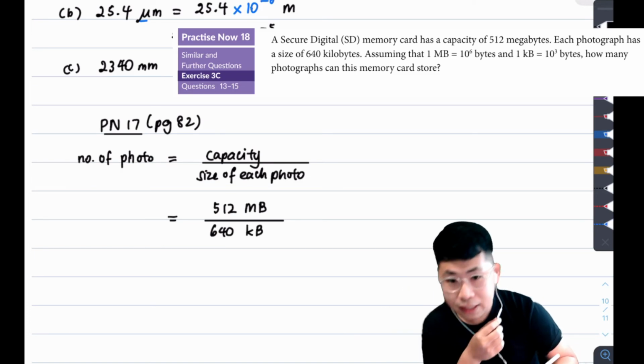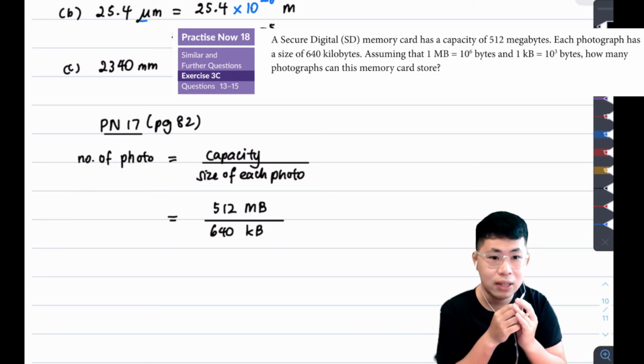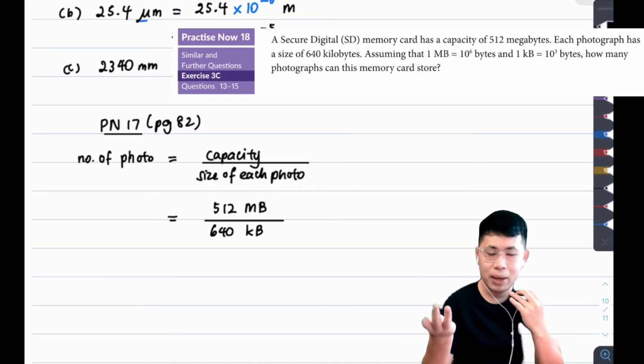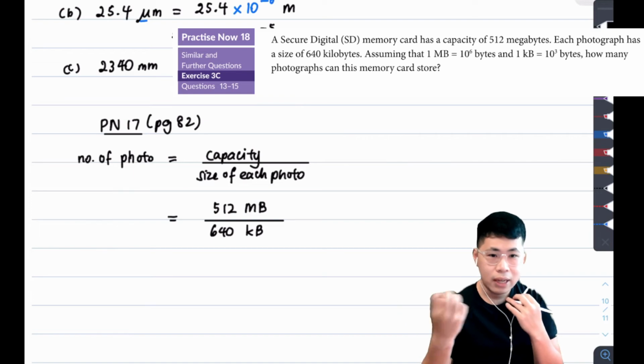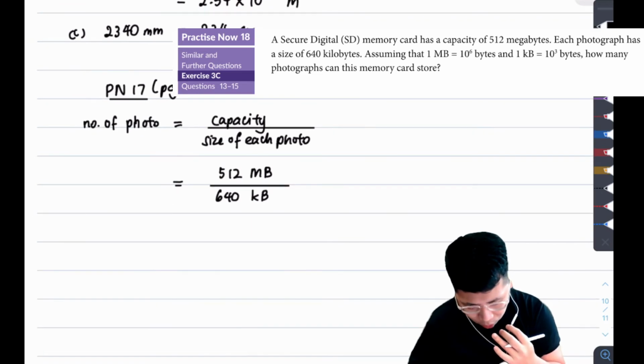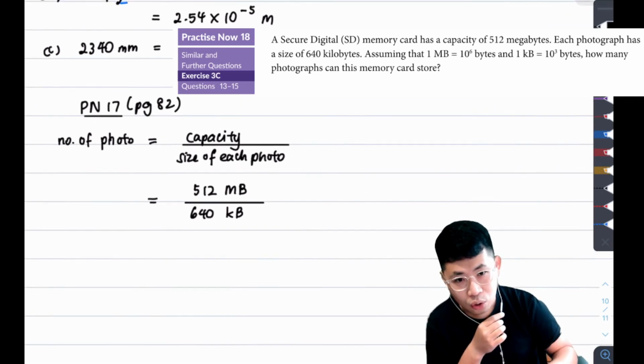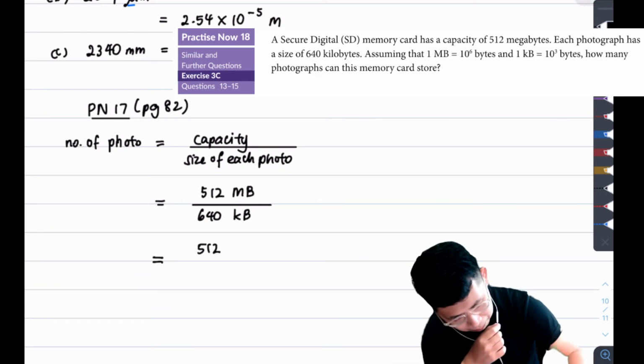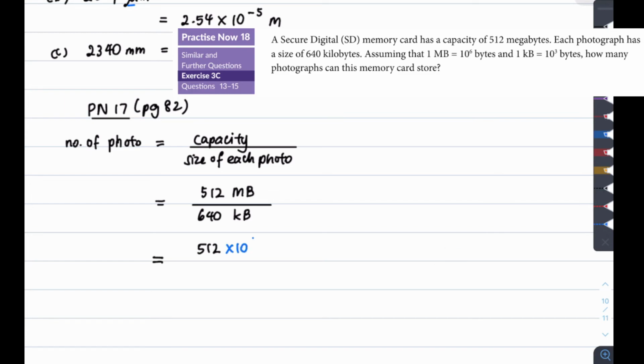Now can we divide this straight away first? No, we have to convert everything to a common unit. Either we convert everything to mega, convert everything to kilo, or we can just convert everything back to the ordinary notation. So over here we have 512. Mega is 10 to the power of 6 bytes.